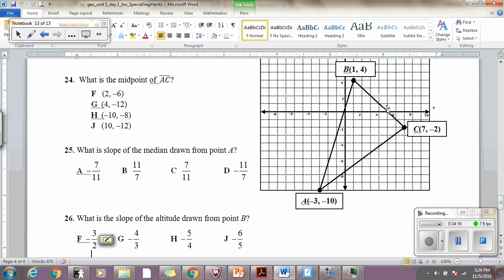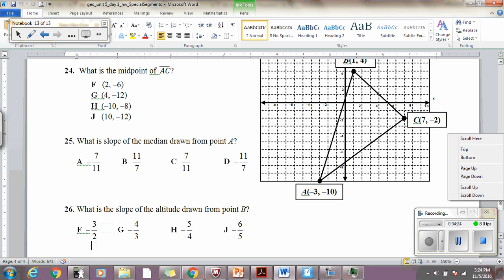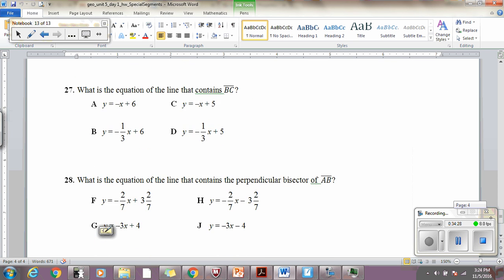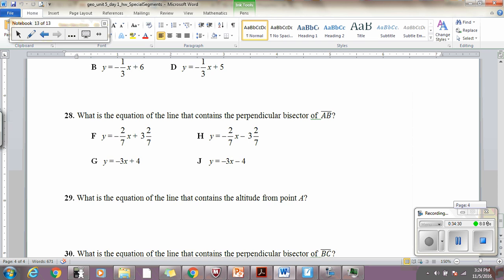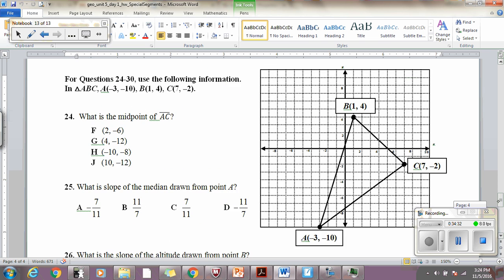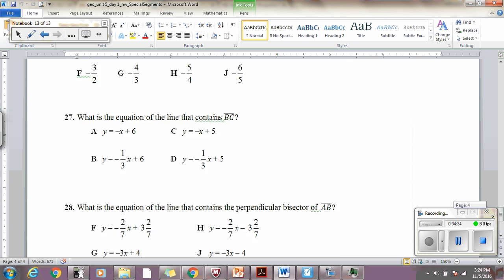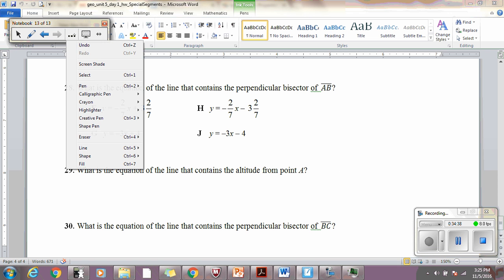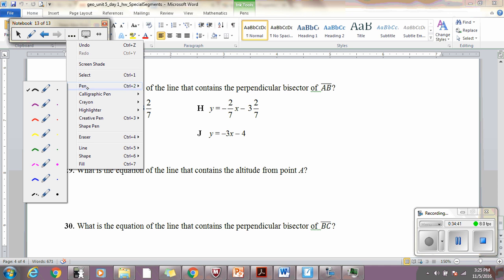So I would need to know the slope of BC, which was negative 1. And the opposite reciprocal of that is positive 1. And point A is located at negative 3, negative 10. So now I can use all of that information to figure out the y-intercept so I can write my equation.